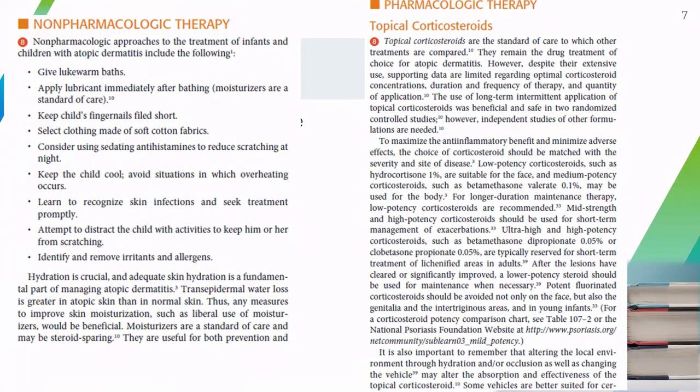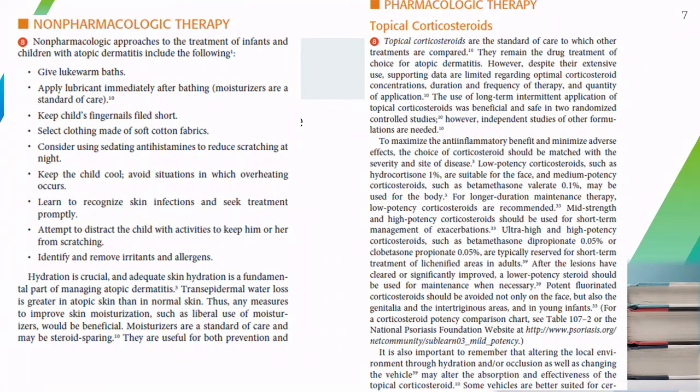You can now find the information about both pharmacological and non-pharmacological therapy for atopic dermatitis, and you can answer the queries of the doctor confidently, as you have consulted an authentic source of information.